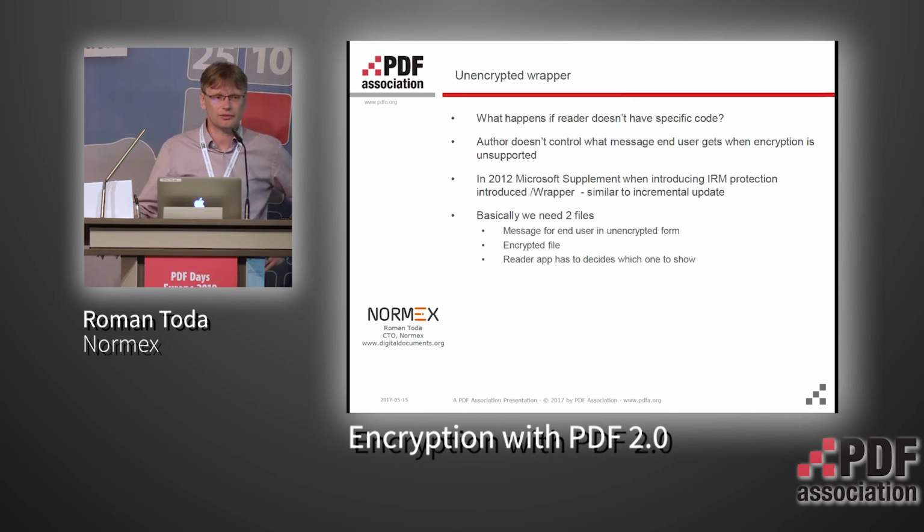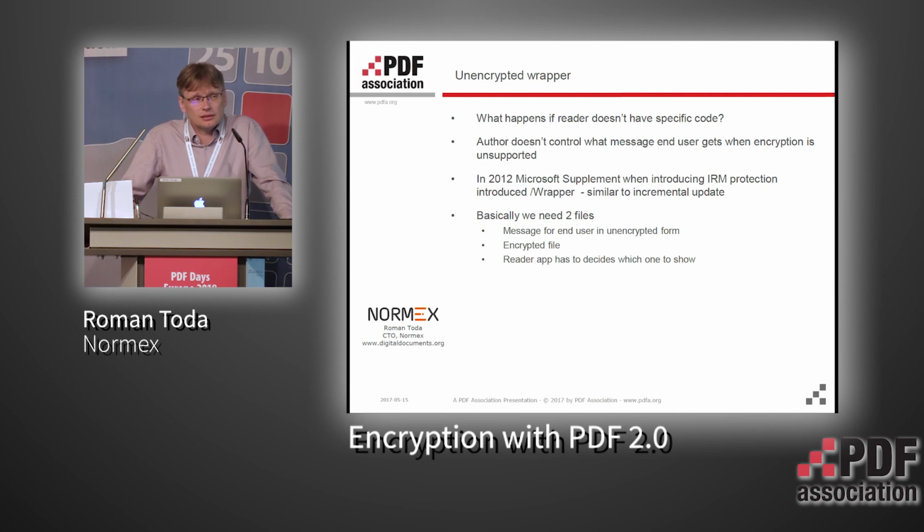The plugin you're requiring might not be there. So what do you do? So far, you end up in a situation where Adobe Acrobat will simply pop up a window saying, I have no plugin. Just download it somewhere, and then it might work. So not the best user experience.